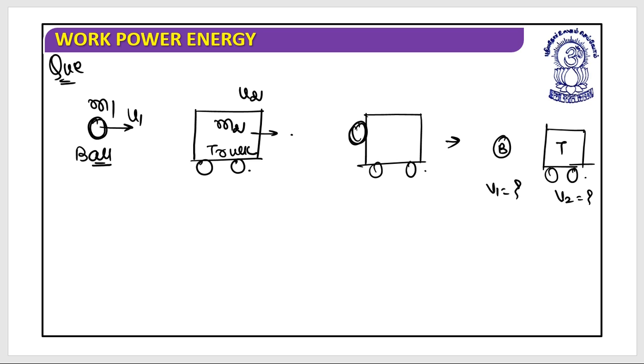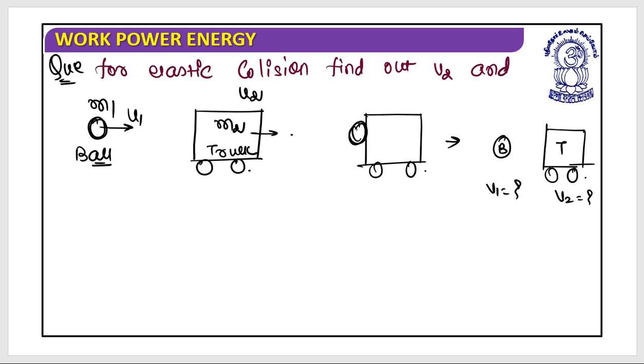They have said that for elastic collision, find out v2 and v1. This is required. So what we understood is that we have derived two relations, but in those, one of the objects was at rest, either the heavier object or the lighter object.